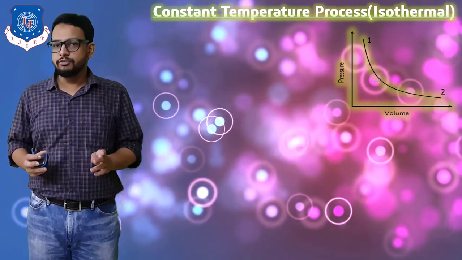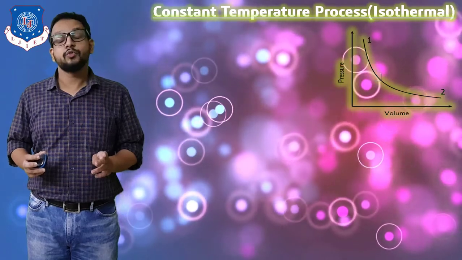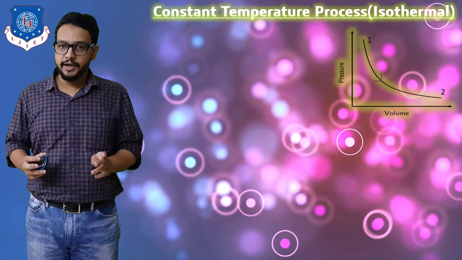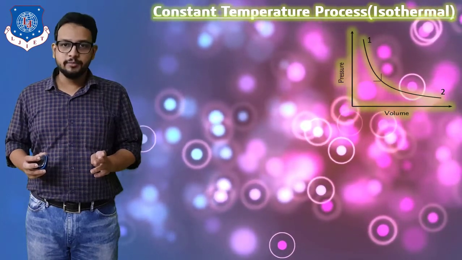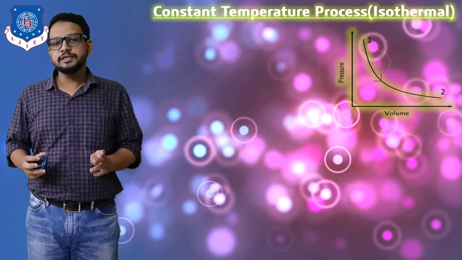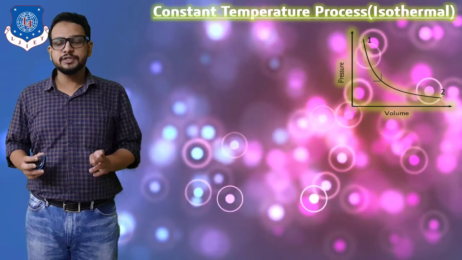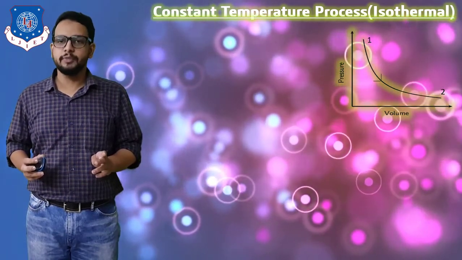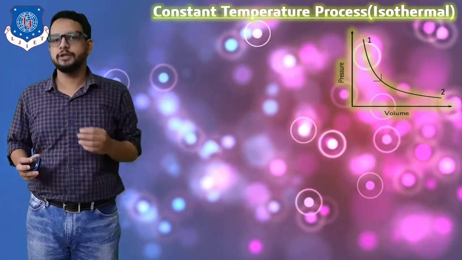Similarly, when we require work from the system, that is work done by the system, this can be done by supplying heat energy to a gas. Again the same concept is applied. When heat is supplied to a gas, obviously there are chances that the temperature is going to increase along with the pressure, and the piston will move in an upward direction.